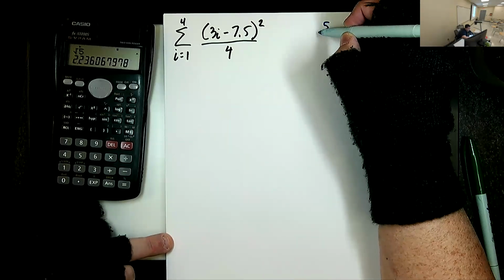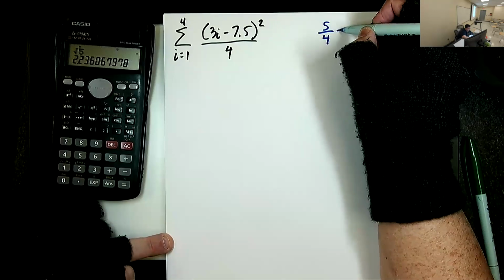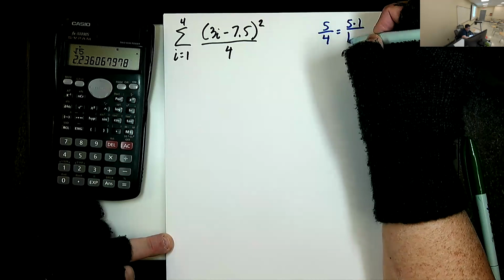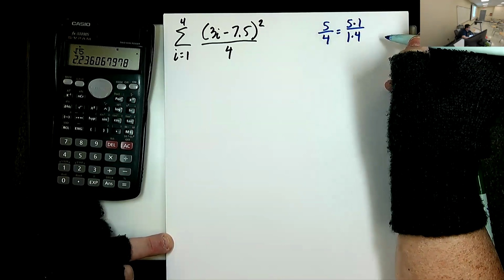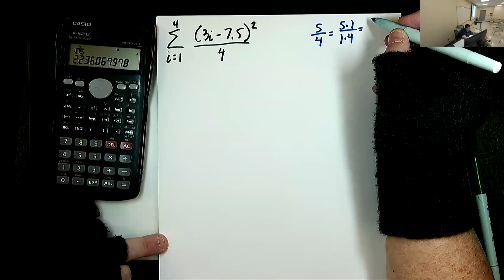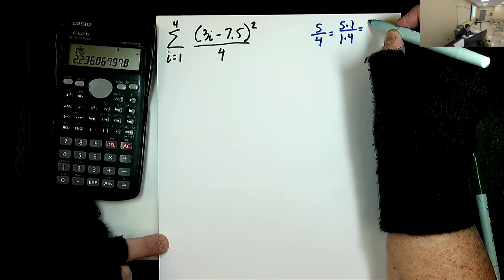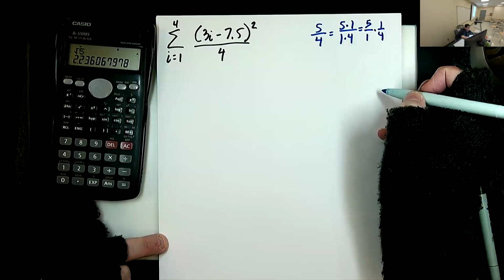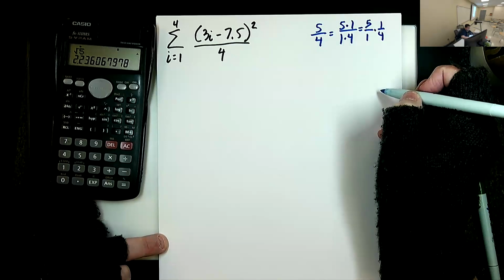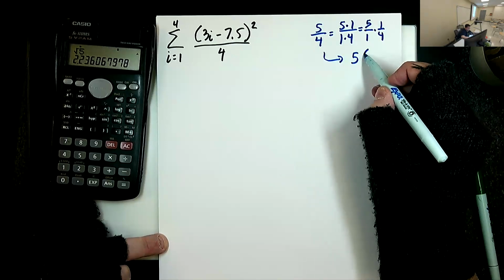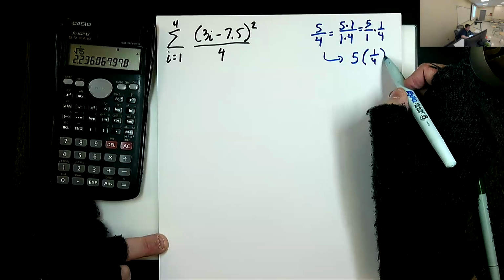If I have 5 over 4, this is the same thing as 5 times 1 over 4. We saw when we were working with fractions that when you multiply fractions, you can put them together, or I could separate them.